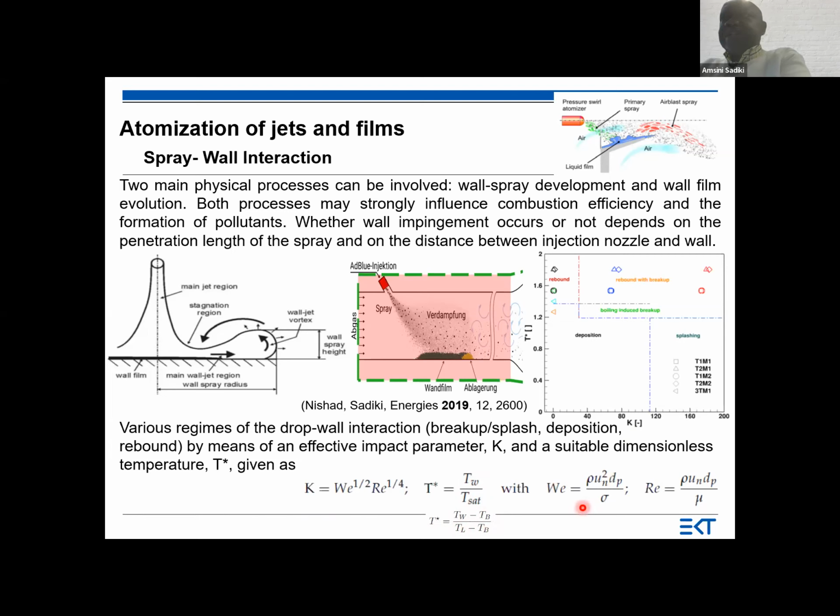The Weber number is defined as a function of the droplet length, and here also the Reynolds number, and this K parameter is the product of Weber number and Reynolds number. Sometimes it is also called a different name, but it depends. The details of these models can be found in this paper. I will not go into details here because of restricted time.